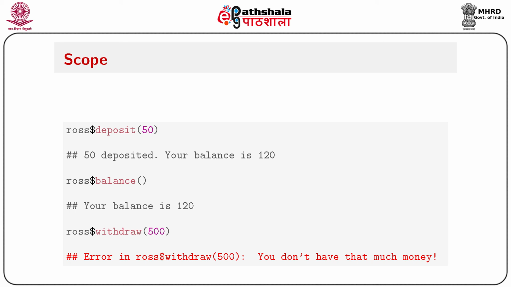Rose deposits 50, then the balance becomes 120, and Rose's balance is 120. If Rose withdraws 500, it is an error, you don't have that much money. So these are a few important aspects while you develop your own functions for your computations.